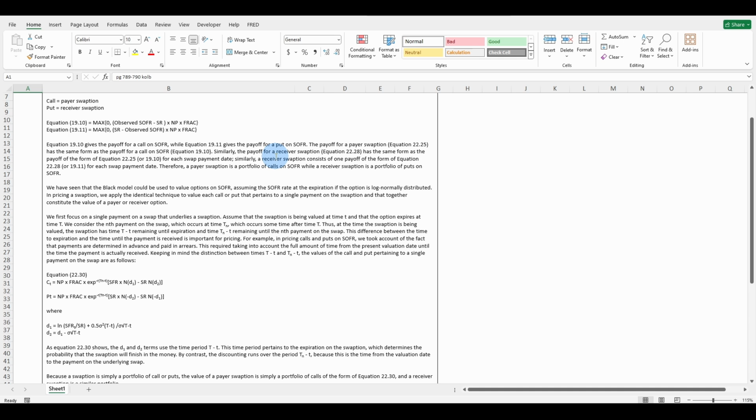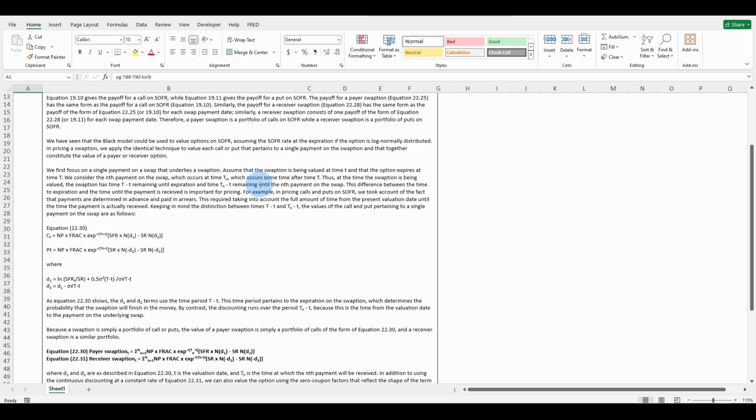Therefore, a payer swaption is a portfolio of calls on SOFR, while a receiver swaption is a portfolio of puts on SOFR. We've seen that the Black model can be used to value options on SOFR, assuming the SOFR rate at the expiration of the option is lognormally distributed.